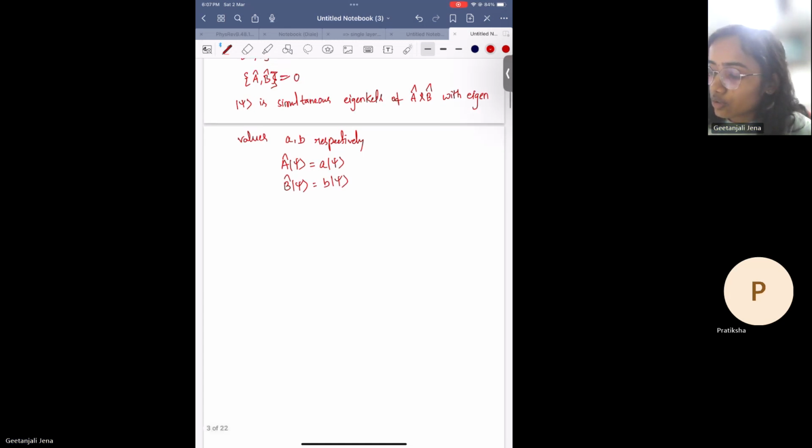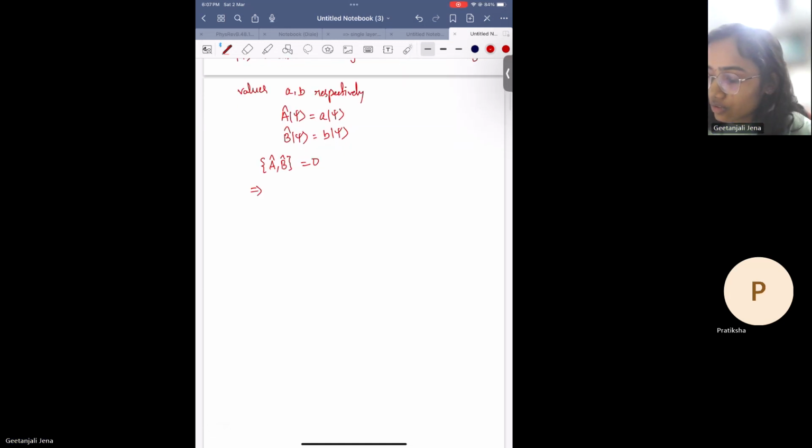Now let's write this anti-commutation relation in terms of the commutation relation. It is given that the anti-commutator of A and B is 0. That means if you apply this condition on a non-zero eigenket, which is a simultaneous eigenket, it should also be 0. So let's open this anti-commutation relation. This is nothing but AB plus BA acting on psi equal to 0.